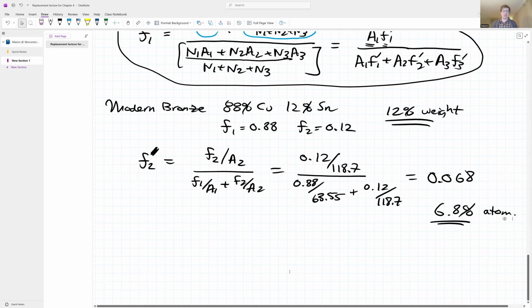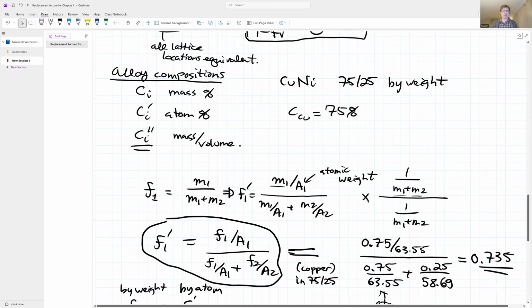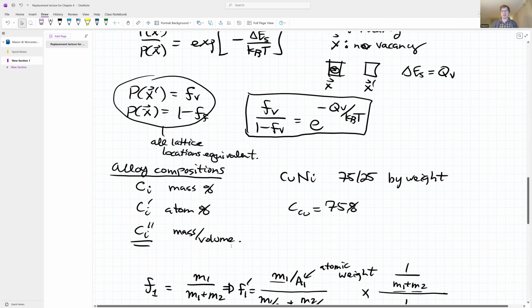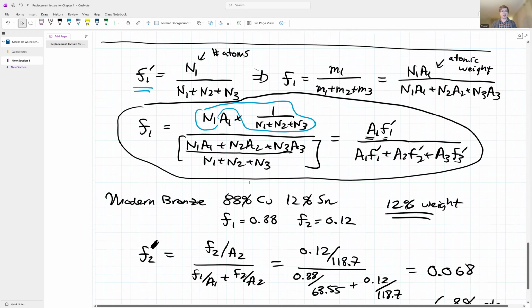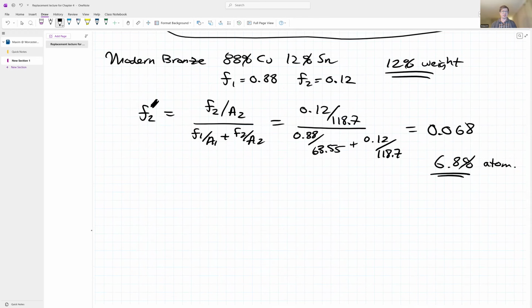Okay, so the other one to know is this third one, which is the mass per unit volume. So the way that works, let's do it, say, for bronze, F1 or maybe F2, I guess, double prime. It's the mass of the second component or whatever component you're looking at, over the volume of the material, which is the volume of component one plus the volume of component two.